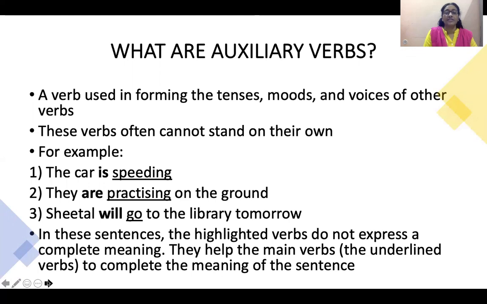They are practicing on the ground. Sheetal will go to the library tomorrow. In these sentences, the highlighted verbs do not express a complete meaning. What are the highlighted parts? Is, are, and will. They help the main verbs to complete the meaning of the sentence.